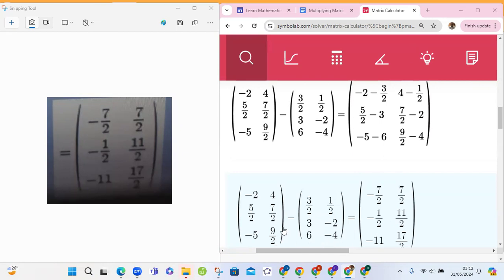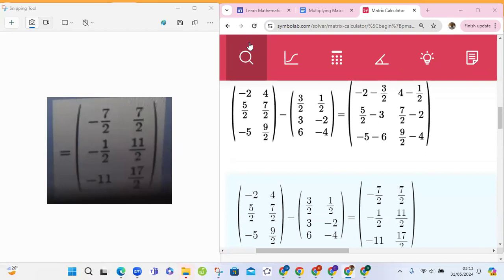This is 9/2 subtract a -4, so that's 9/2 plus 4. 9/2 is 4.5, and 4.5 plus 4 will give you 8.5, which is 17/2. So remember, you do the multiplication, and then after the multiplication was done to both matrices, then they were subtracted. Multiplication comes before subtraction. And that's the answer.